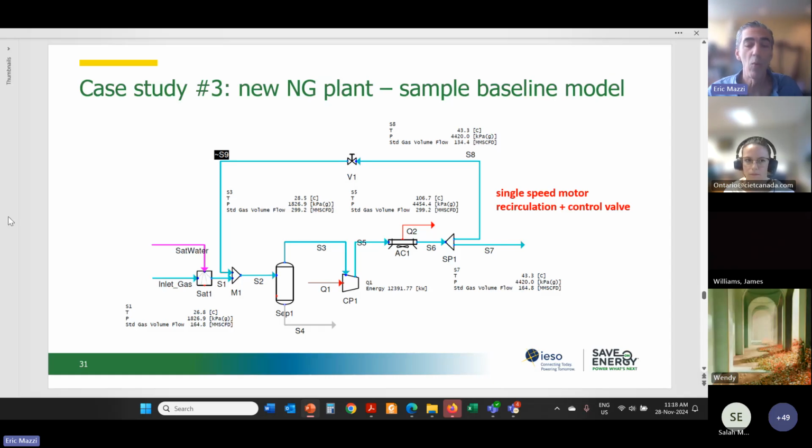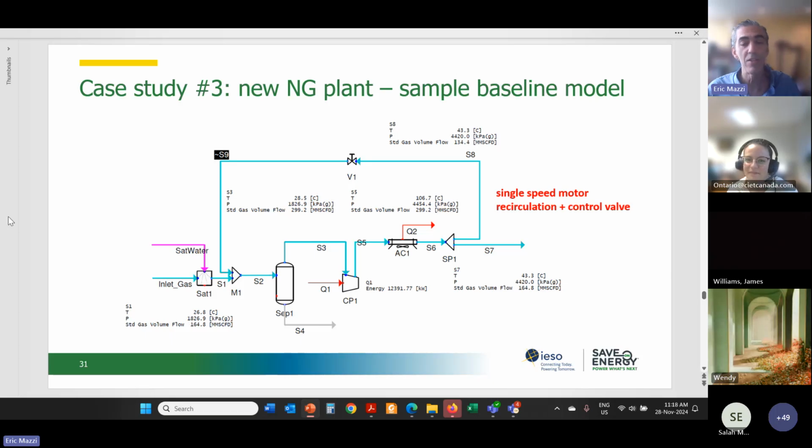The approach I've taken, which would work if it were feasible, but so far is not, is to find some electric-driven natural gas compressors with single speed motor and recirculation control, and get some measurements on those systems.